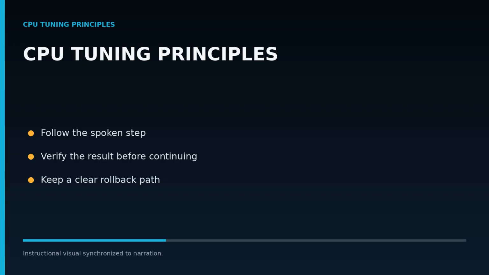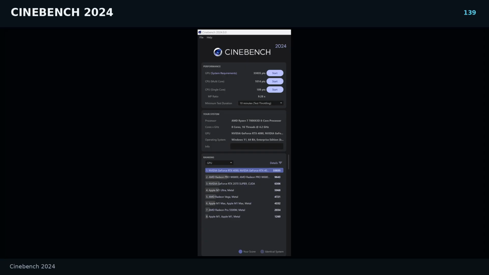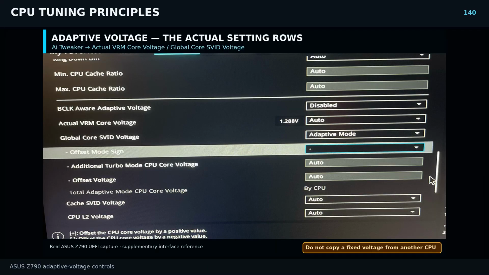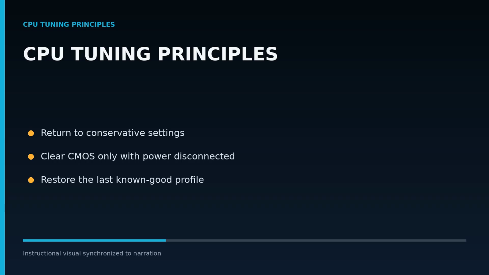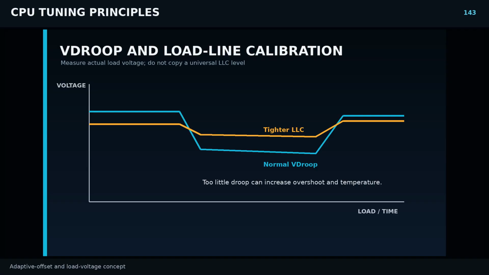Finally, the workflow. Change one variable at a time. If you want to test whether your sample can hold a slightly higher P-core ceiling under Cinebench loads, move the P-core ratio up one bin, leave voltages on adaptive, keep limits at Intel default, save and boot, and remeasure. If you want to stop clock stretching under a specific all-core workload, try a small negative curve or adaptive offset instead of forcing a fixed high voltage.